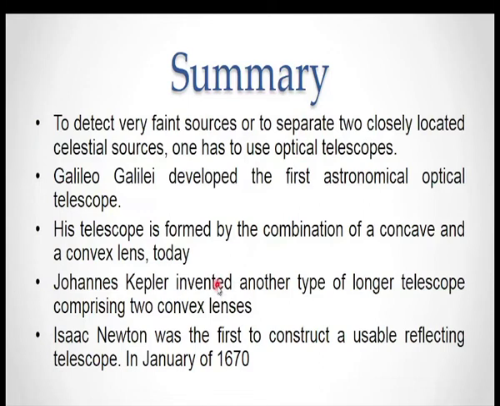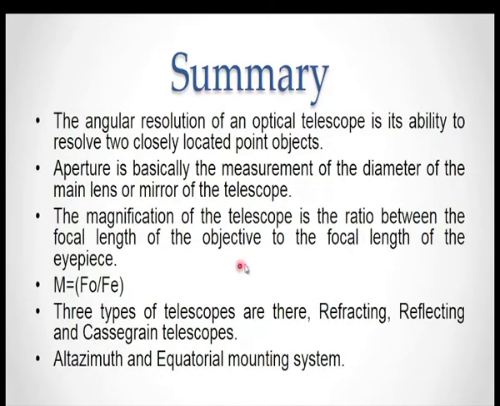Then the Kepler telescope came, which used two convex lenses. Then the Newtonian telescope came, which is the first reflecting telescope. Then the Cassegrain telescope came. To understand the F ratio, magnification of the telescope, and angular resolution of the telescope, we need to learn some basic concepts in physics. Those basic concepts are very useful to understand telescope usage.